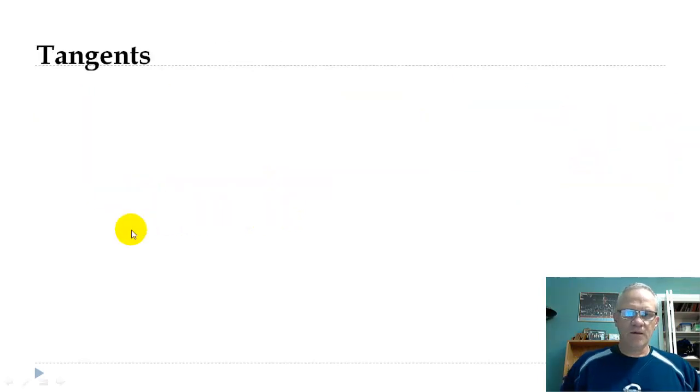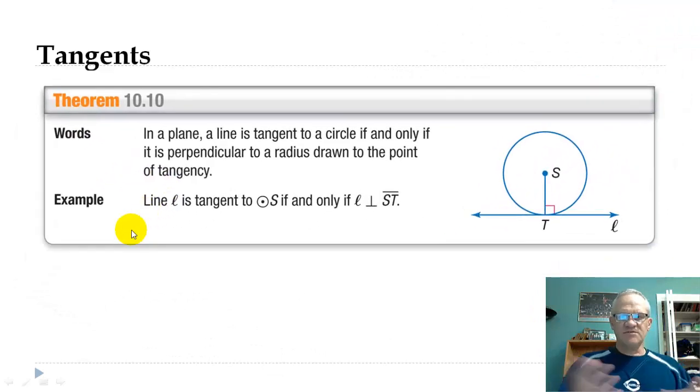All right, next. Now this is one of the most important things to remember about tangent lines. In a plane, a line is tangent to a circle if and only if it's perpendicular to the radius, from the radius to the point of tangency.